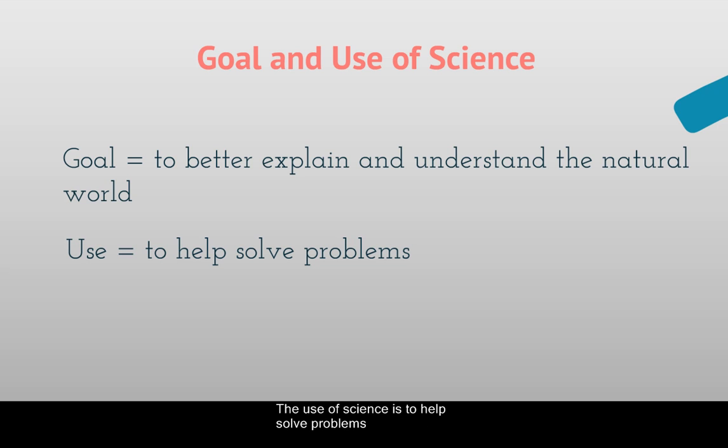And the use of science is to help solve problems. How can we make people healthier? How can we reduce pollution in the water and the air? These are the kinds of things where we're trying to understand the natural world, understand what's happening, and use that to solve problems. And really that is the goal and use of science.